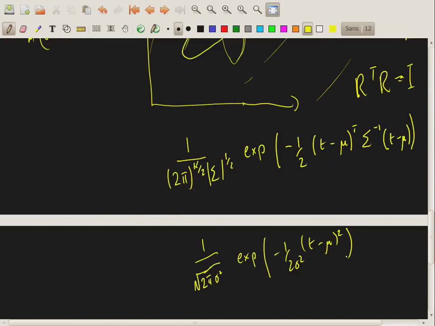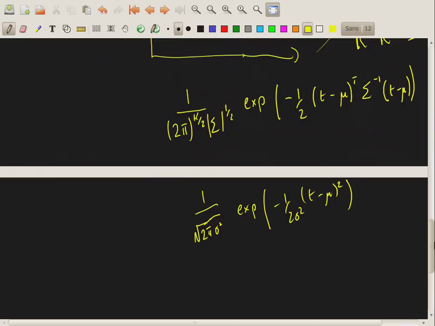A lot of distributions don't extend elegantly to multivariate. The Gaussian does. And it's one reason why it's so useful and powerful. So you can see that this would reduce to that if we took the case where sigma was just a 1 by 1 matrix of the form sigma squared.